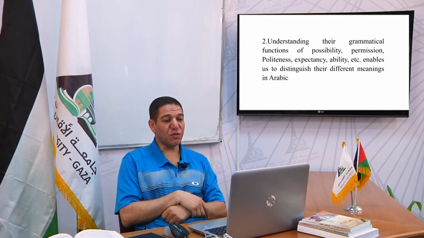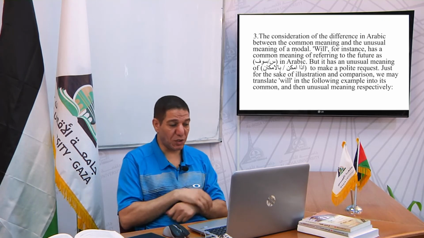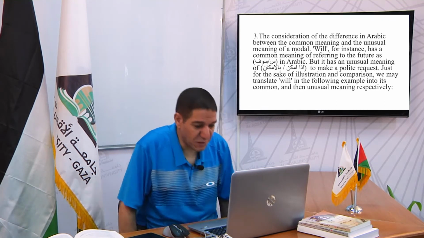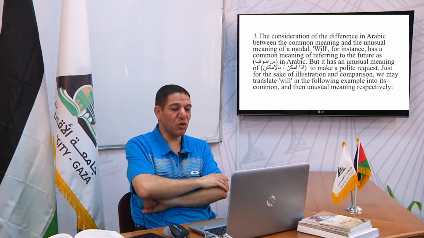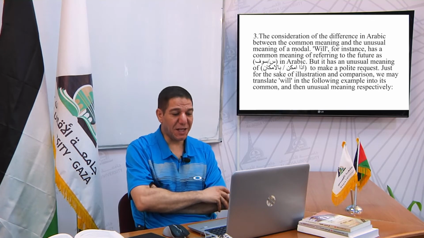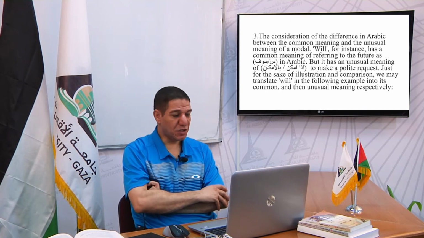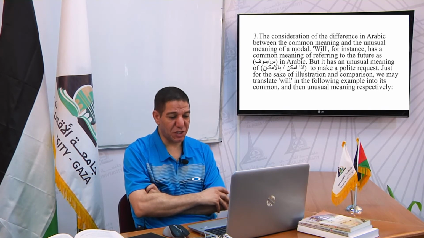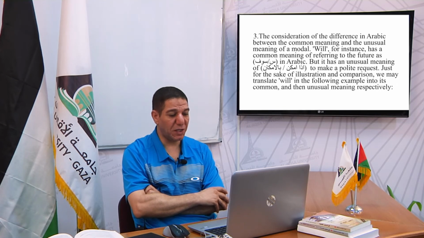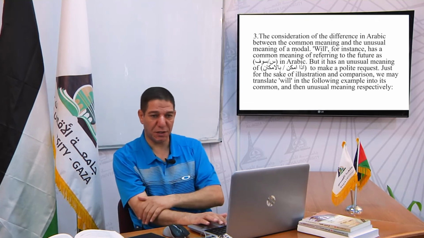The consideration of the difference in Arabic between the common meaning and the unusual meaning of the modal, like will, for instance, has a common meaning of referring to the future as sa in Arabic, but it has an unusual meaning of bil imkan, to make a polite request. Just for the sake of illustration and comparison, we may translate will in the following example into its common and then unusual meaning respectively. Respectively means على التوالي in Arabic.